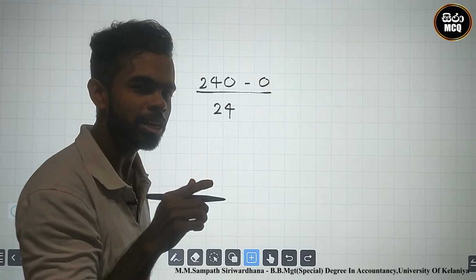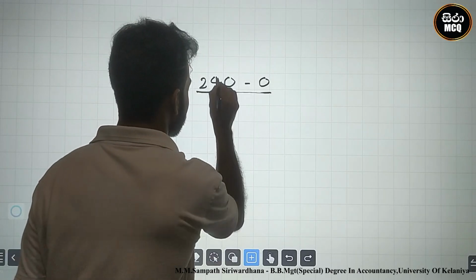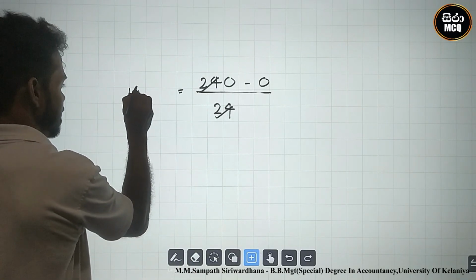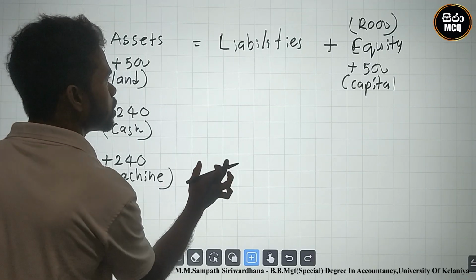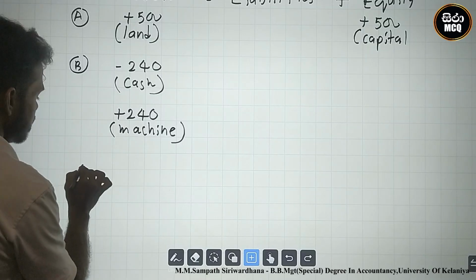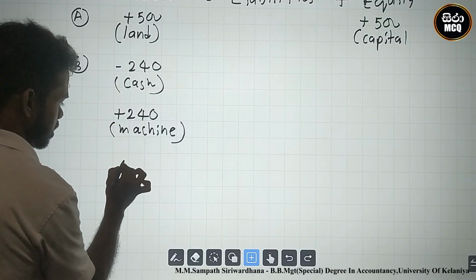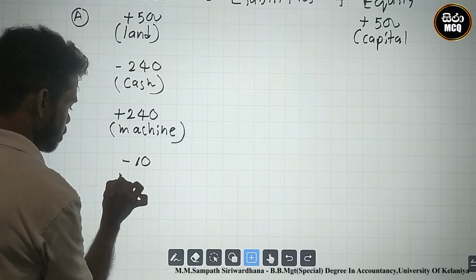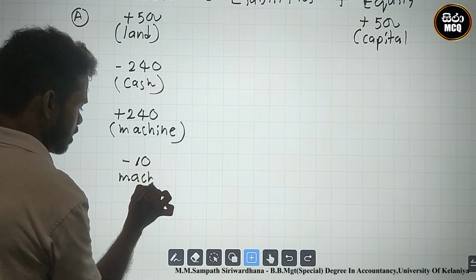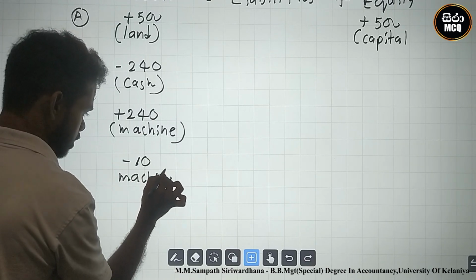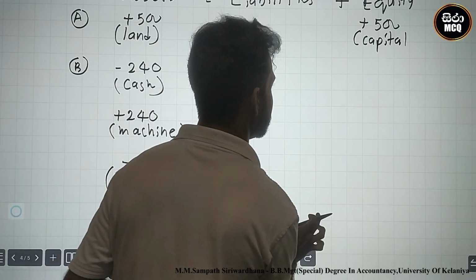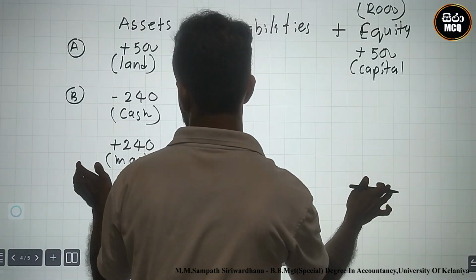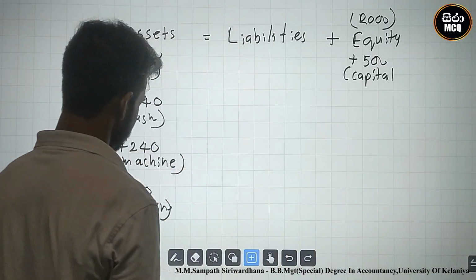In that case, we can find 1 month's depreciation. 1 month depreciation is 10,000. Look here, what is the entry? Only for transaction B, 10. The machine is depreciated, the machine is reduced, and machine depreciation is an expense related to equity.